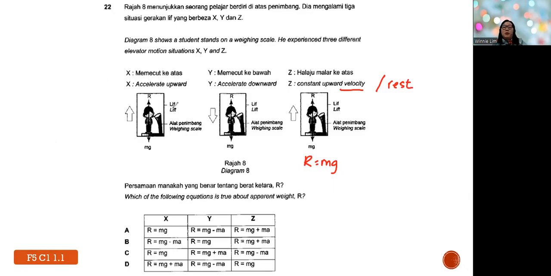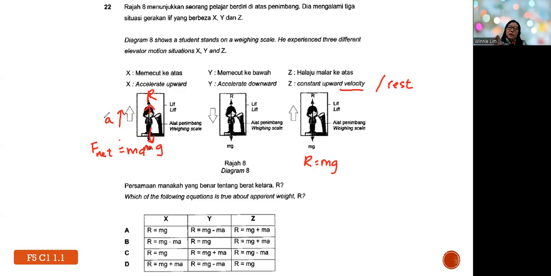Then how about if the object is accelerated upward or downward? You need to form an equation. Say the acceleration is upward in this case. You start forming the equation by using the F net equals ma concept. But what is F net? F net is the resultant force. If your acceleration is up, you need to know which is greater, R or mg. Only then can you accelerate upward.